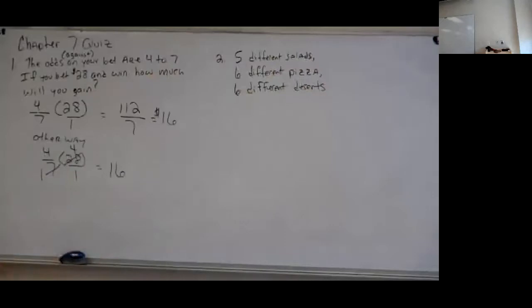I'm a little worried Pizza House only got 6 kinds of pizza, but they got 5 salads and 6 different desserts. You'd think they'd have a lot more pizzas, wouldn't you?